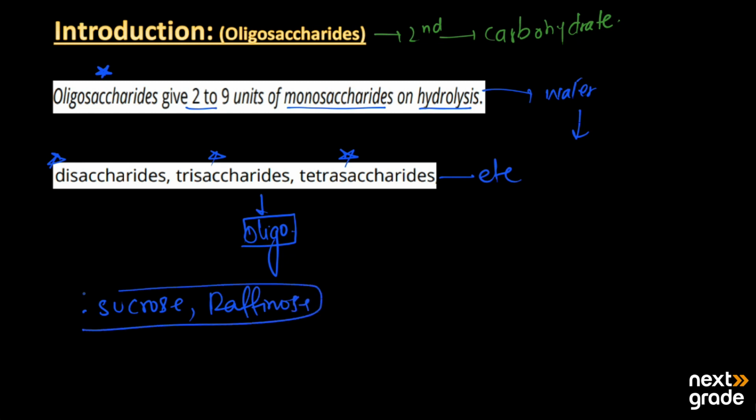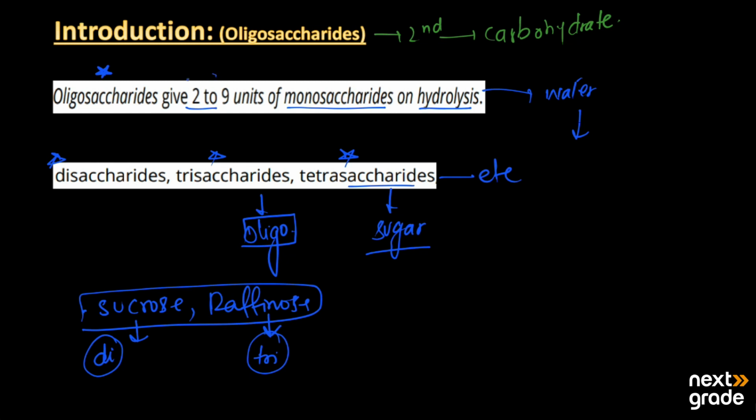These are simple examples of oligosaccharides, in which sucrose produces two units of monosaccharide, so that's why it is known as a disaccharide. And raffinose produces three units, so that's why it is known as a trisaccharide. The word saccharide just denotes sugar molecules. So this was a simple overview about the oligosaccharides.